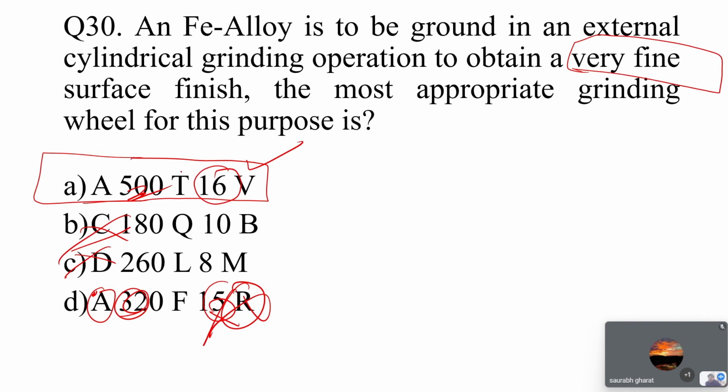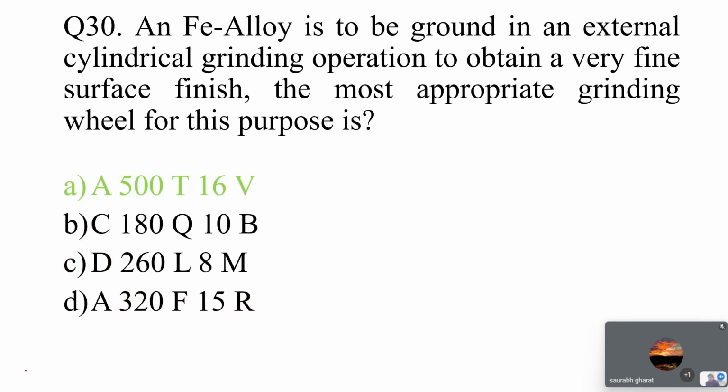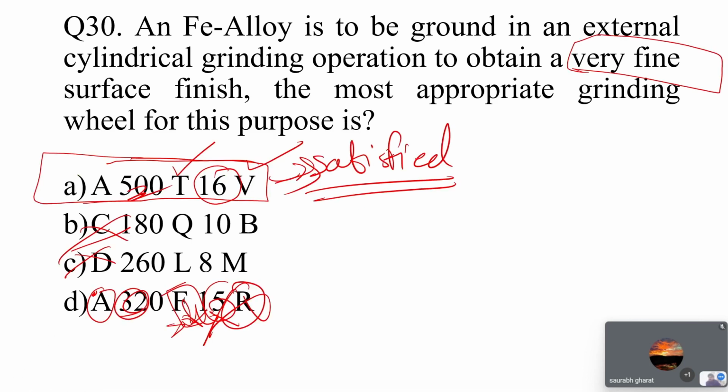We have T, so this is a kind of hard tool, a rigid tool. This is soft shellac. So this is only satisfied. This is the concept that we should understand.